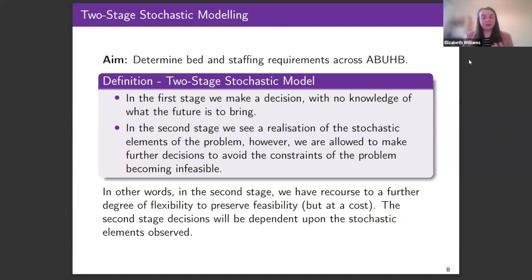In the first stage, we make a decision and we don't know what is going to happen in the future. And in the second stage, we see a realisation of the stochastic elements of the problem. However, we can make some changes and further decisions to avoid the constraints of a problem being infeasible. So in other words, in the second stage, we have recourse to a further degree of flexibility to preserve feasibility, but this comes at an additional cost.